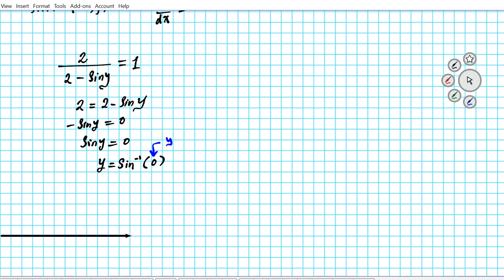Just need a little unit circle here, nothing too crazy. We're going from negative pi over 2 to pi over 2, so negative pi over 2 is negative 90 degrees all the way to pi over 2, which is 90 degrees.